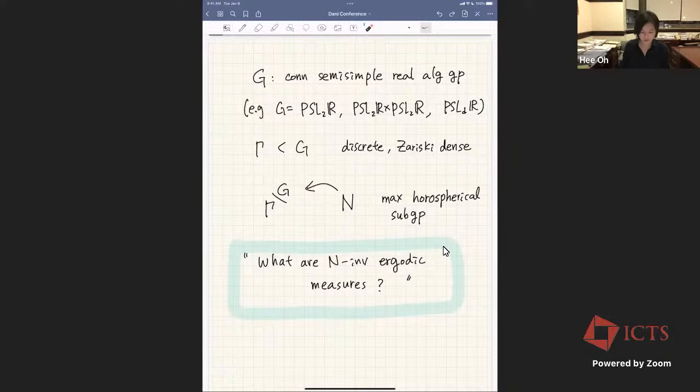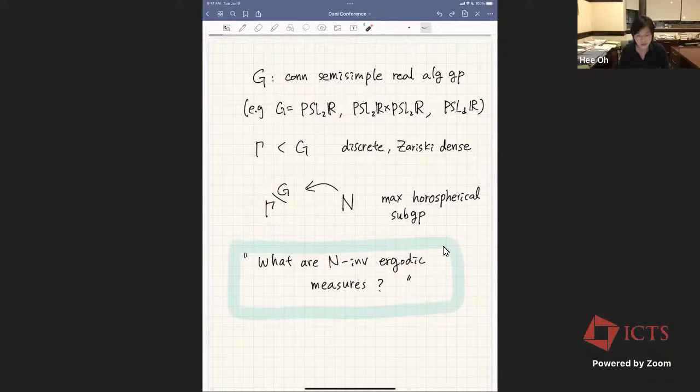So this is a general question. Let G be a connected semi-simple real algebraic group. The example we can consider is G is PSL2R or the product of PSL2Rs, so PSL2R times PSL2R, or PSL-dR. Okay, and we take gamma, a discrete Zariski dense subgroup of G. Then we can form this quotient space G mod gamma.